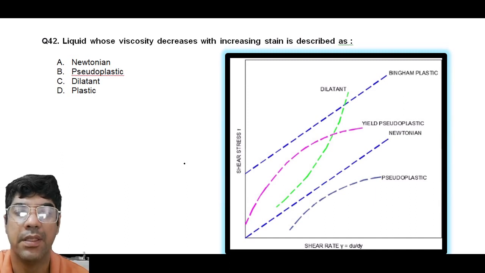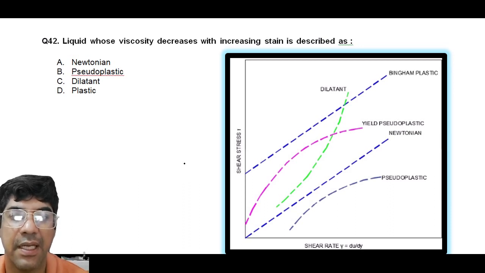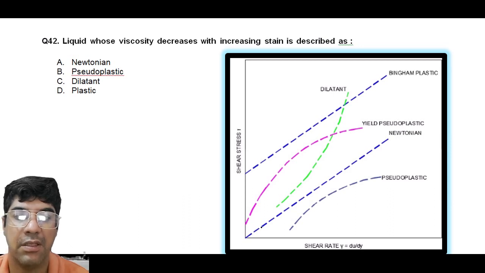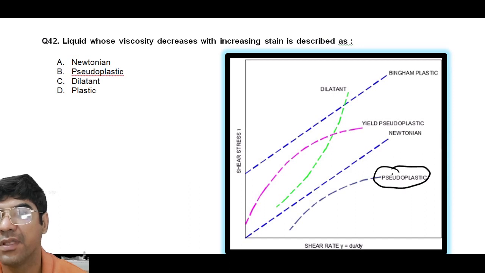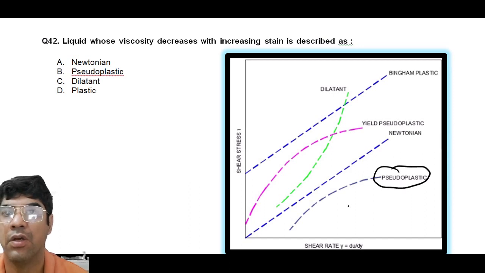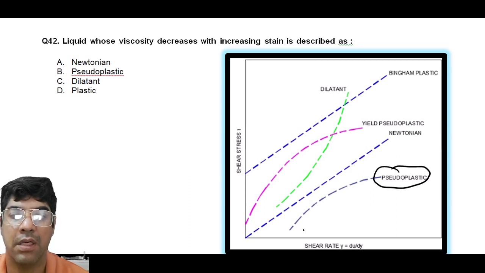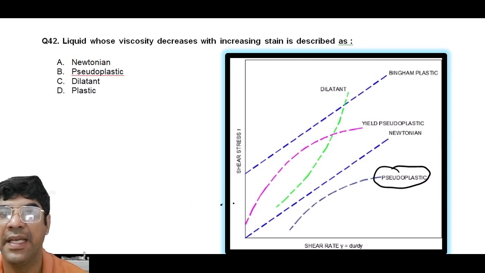The liquid whose viscosity decreases with increased strain is the pseudoplastic. So remember, in the pseudoplastic the viscosity will decrease as the shear rate increases.